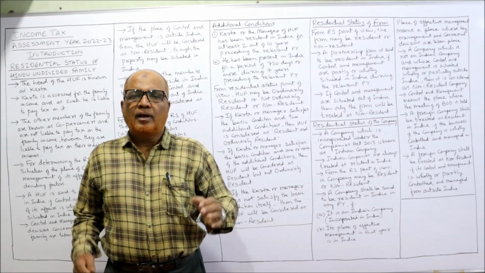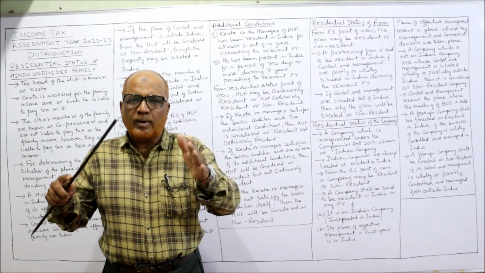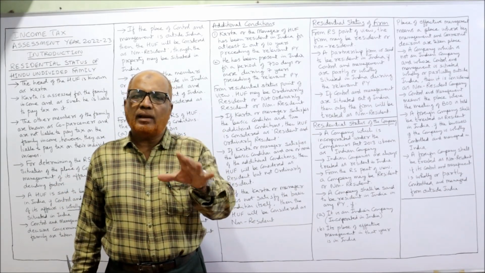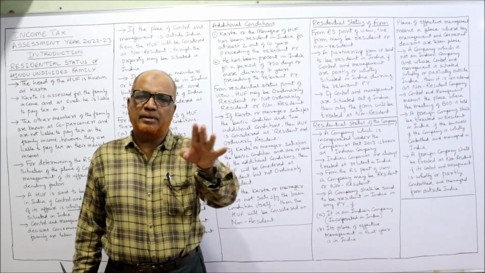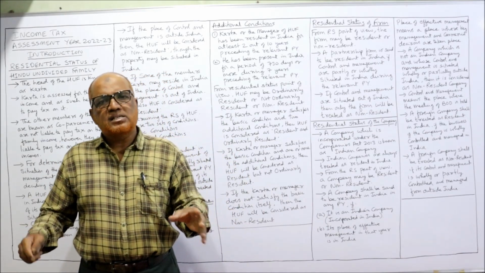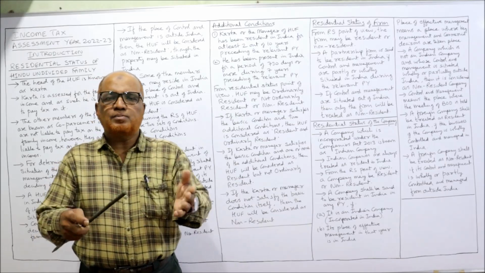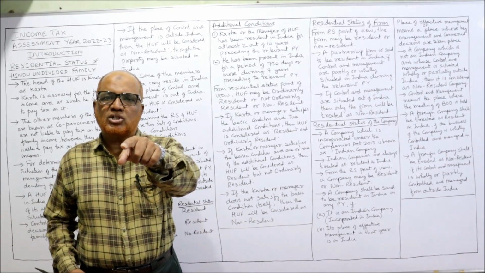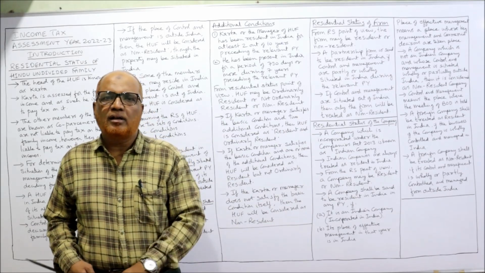Simple example. The business is situated in India, and for the control and management, suppose 4 partners are there, A, B, C, D. All the partners stay in India. They take all decisions in India. So this partnership firm is called resident because all decisions are taken, controlling management from India.